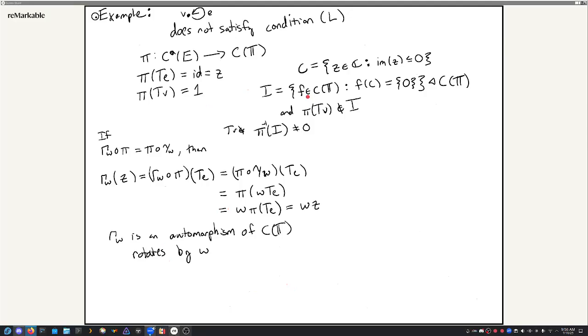But notice we're taking all the continuous functions which are supported on the complement of this closed set. And if we rotate the complement of the closed set around the circle, it's no longer contained in the complement of the closed set. So you can see that this ideal isn't gauge invariant. Or I guess I should say pi inverse of this ideal is not gauge invariant.